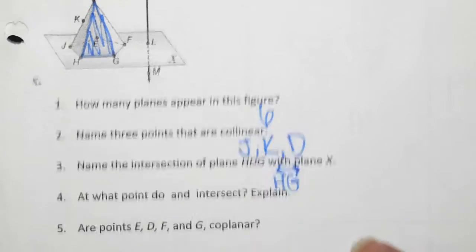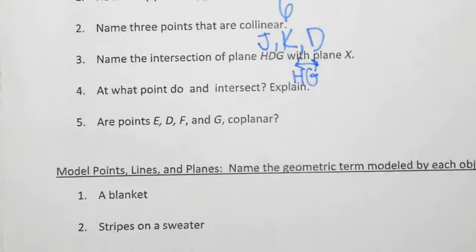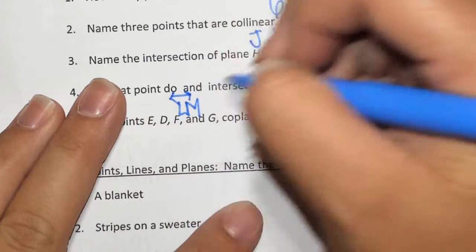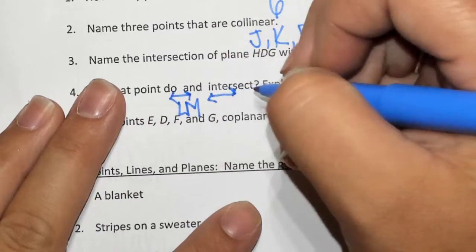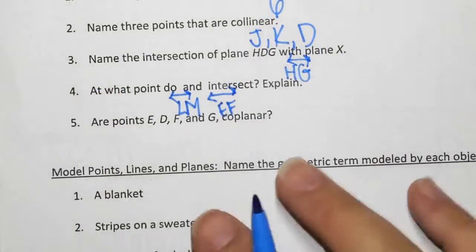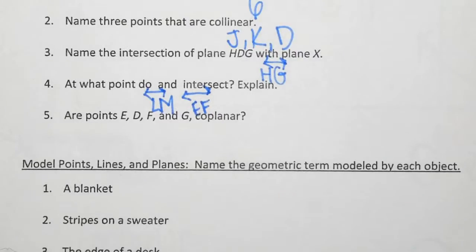Number 4 is missing a little something. It's supposed to say, at what point do LM and EF intersect? Well, where do they intersect?